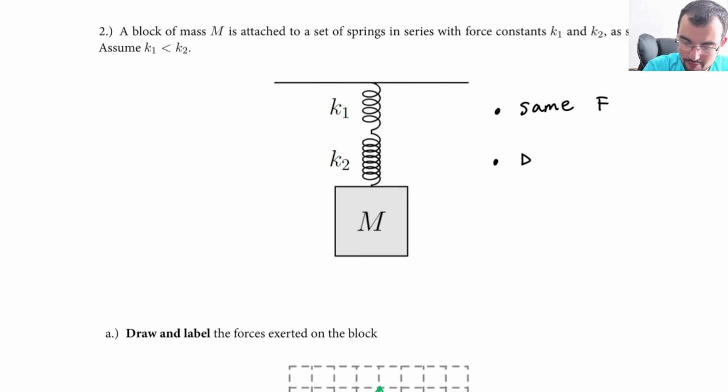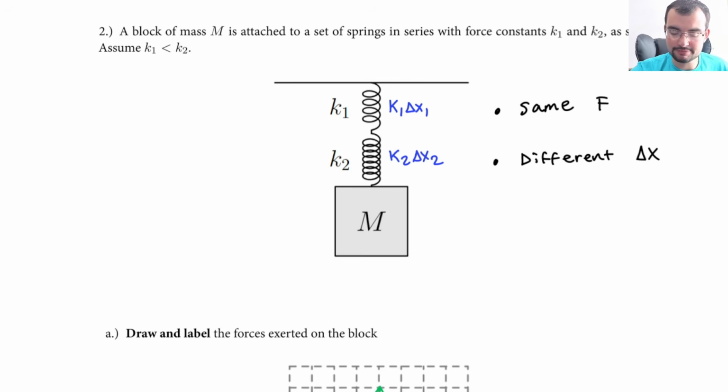So we have different delta x. We know that we have to create the same force from each of these. This creates some force, this creates some force. We have to make the same one.